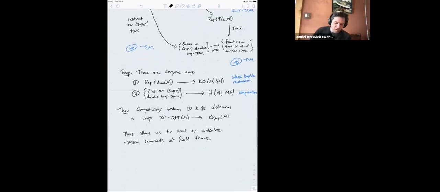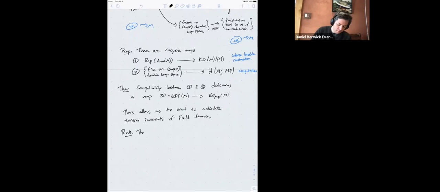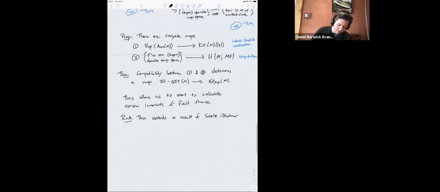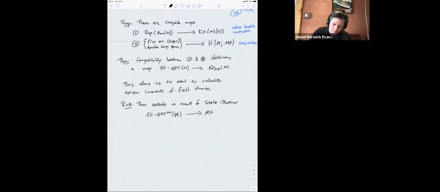So as one more remark here, this theorem extends results of Stolz and Teichner, where they showed that if you look in even degrees over a point, there's a map to integral modular forms. And so this is both extending away from even degrees. Those odd degrees are where that torsion shows up.